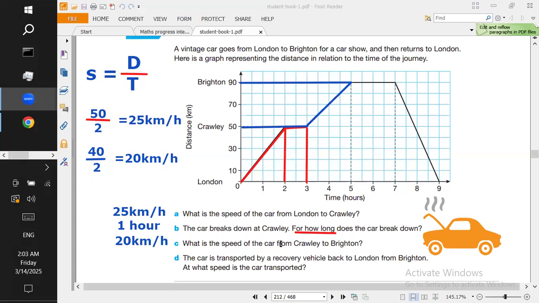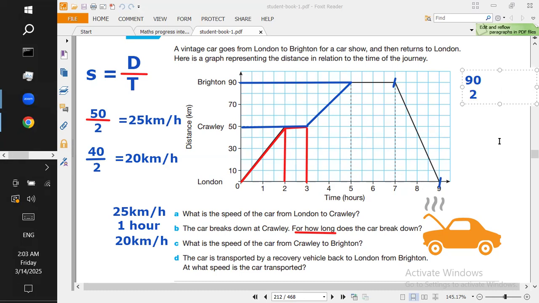So basically, first thing we do, we find the distance from here till here. So from here, this is 0 and this is 90. So the distance is 90. So here we write the distance, which is 90, and then we divide it by the time. We find the time from here, from 7 till 9, so it's 2 hours.